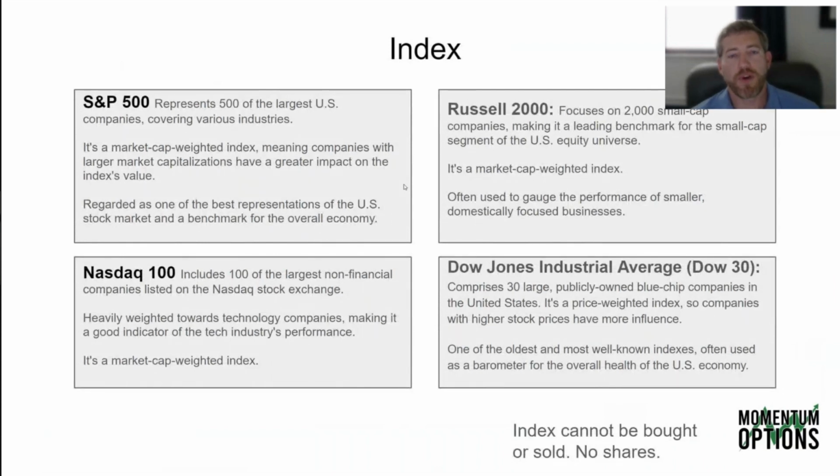So the S&P 500 is going to represent the 500 largest U.S. companies, covering various industries. Something to note about all of these is that they all will contain stocks from different industries or different sectors, but they all also represent different segments of the market.